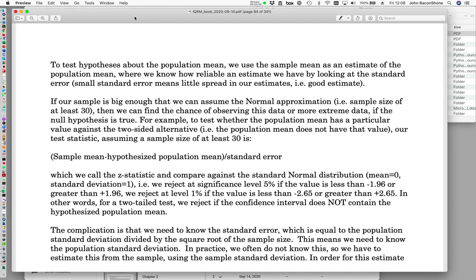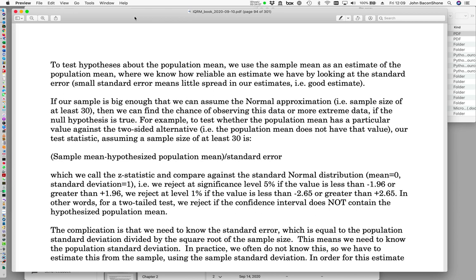Standard means mean 0 and standard deviation 1. We will reject at the 5% significance level if this value is outside the range of plus or minus 1.96, and we'll reject at 1% if the value is outside the range plus or minus 2.65. In other words, for a two-tailed test, we will reject the null hypothesis if the confidence interval does not contain the hypothesized population mean.